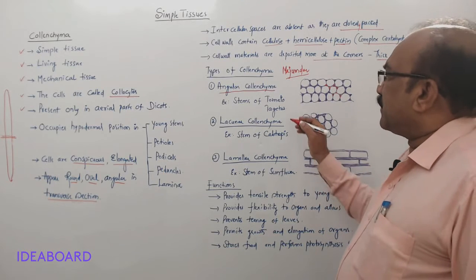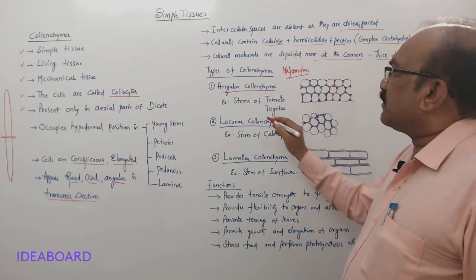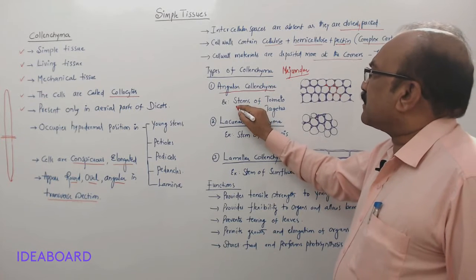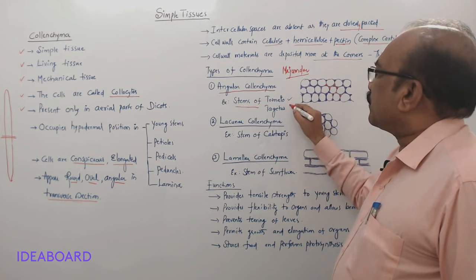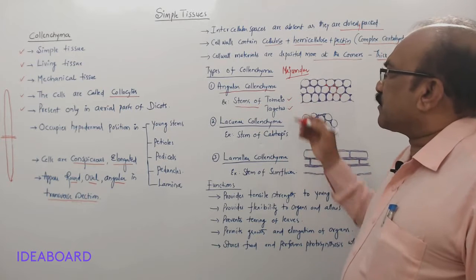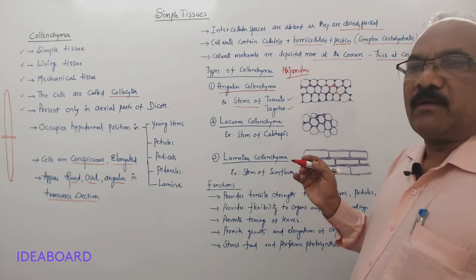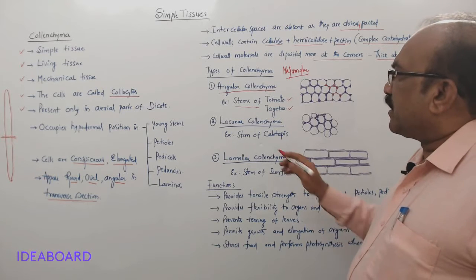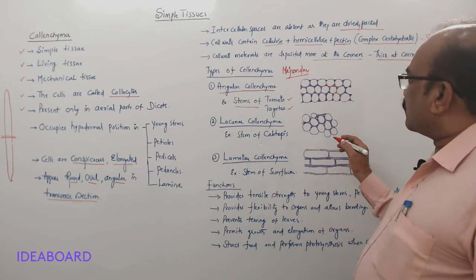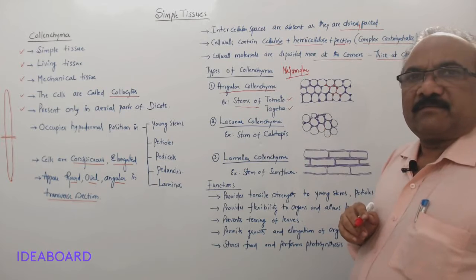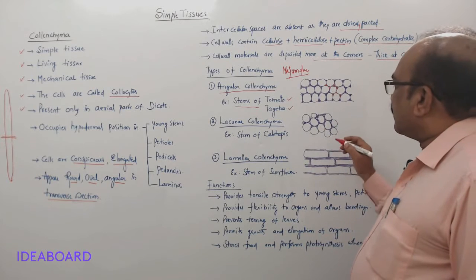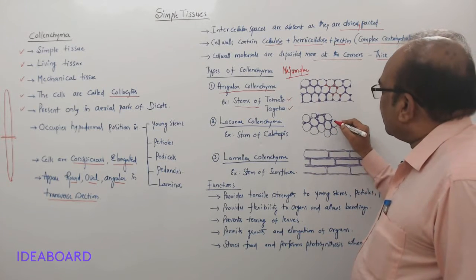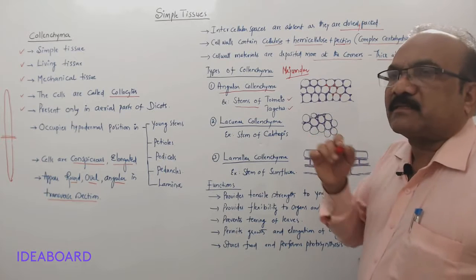The example for this angular collenchyma is that it is present in the young stems of tomato and Tagetes. Of course, tomato, and Tagetes is marigold. So in that you will find this angular collenchyma. And in lacunar collenchyma also, the cells are arranged irregularly, and the cell wall material is deposited around the intercellular space.